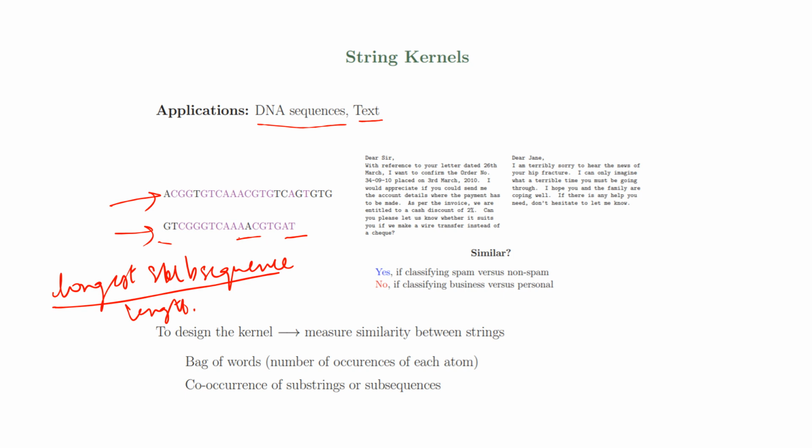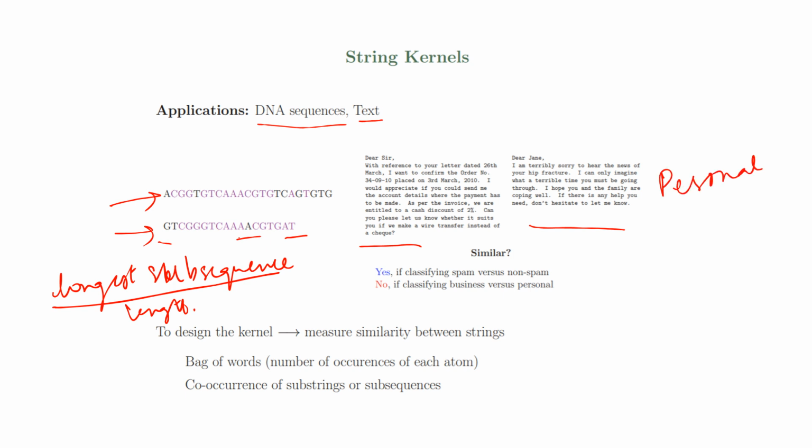For example, look at this example here. We have two pieces of text. The first one is an email that looks like a business email, where they're talking about some invoice and other information. The other one looks like a personal message.